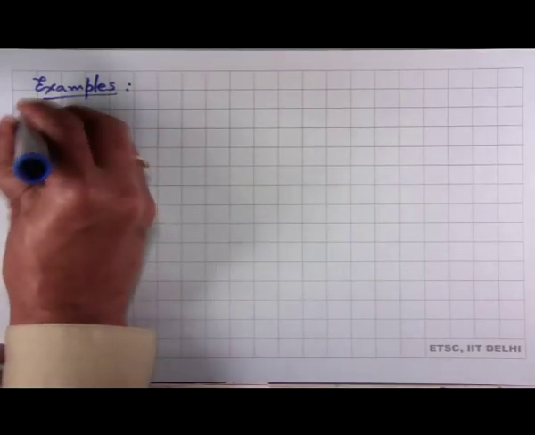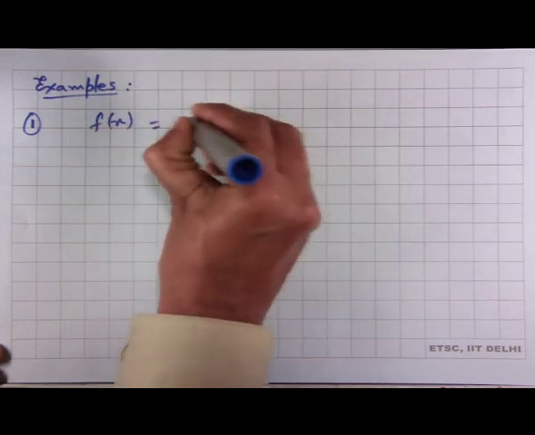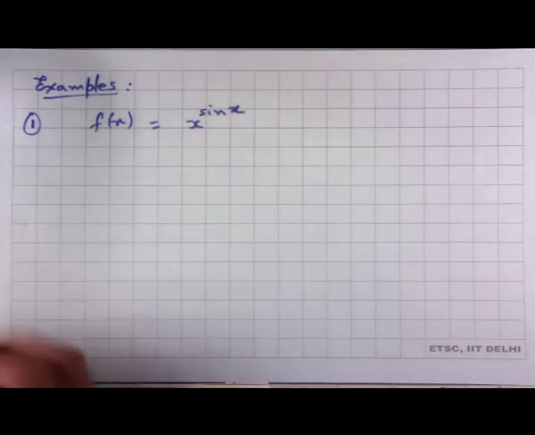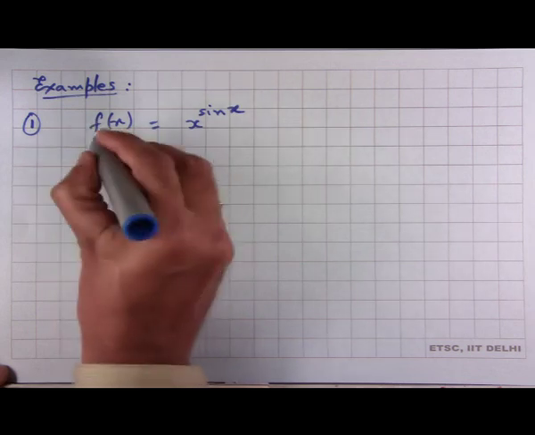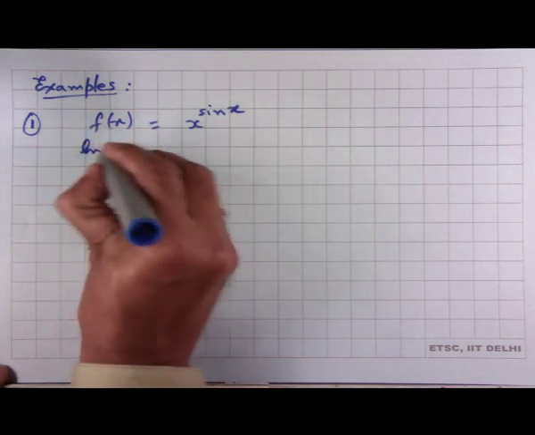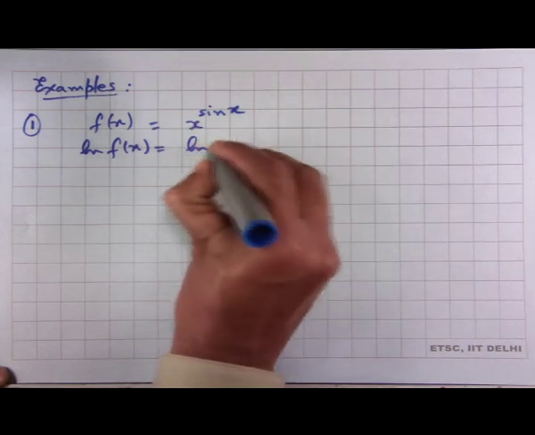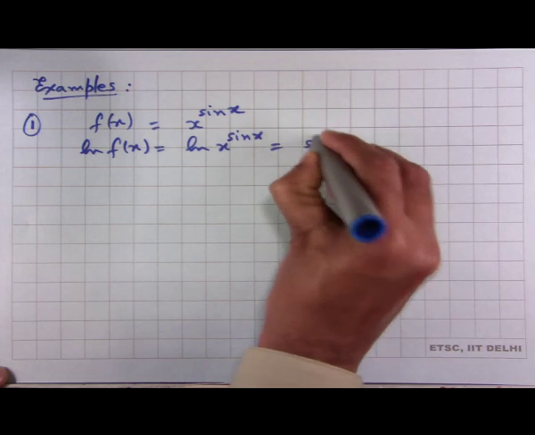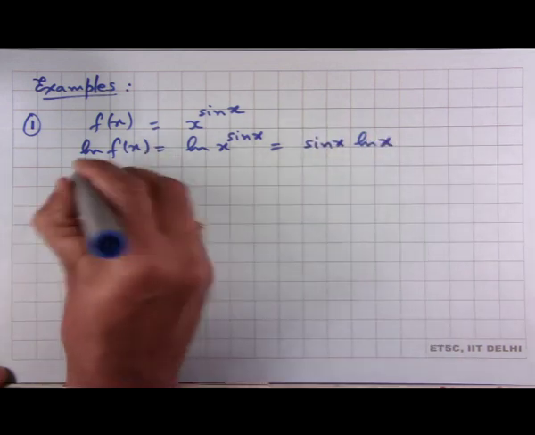First one we will look at: f x is equal to x to the power of sin x. Then we take log, ln f x is equal to ln of x to the sin x, which is equal to sin x ln x, and then we differentiate this.